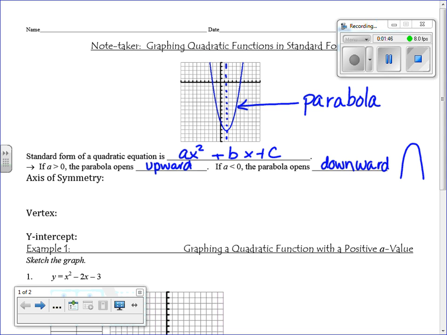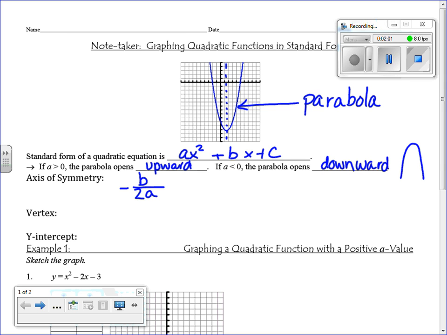Our axis of symmetry is found by using this formula: negative b divided by 2a.